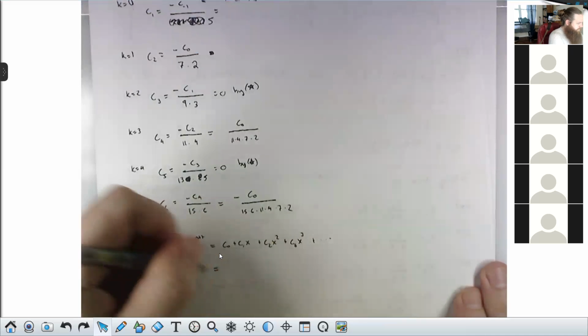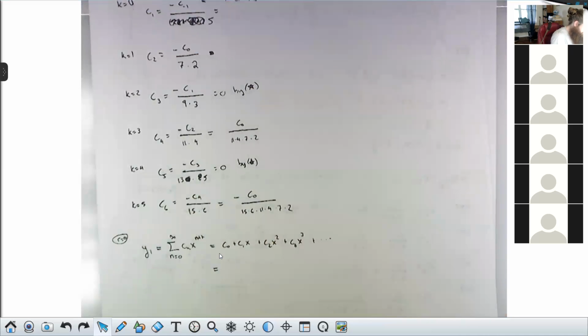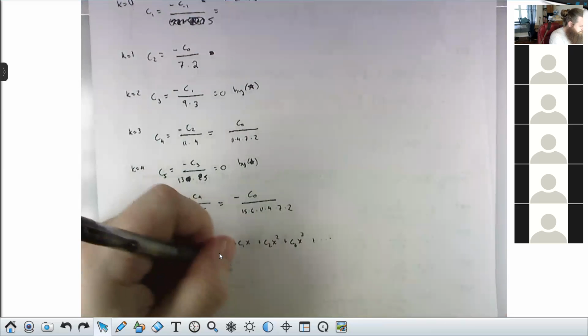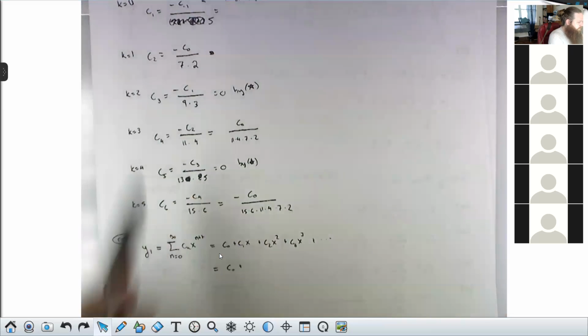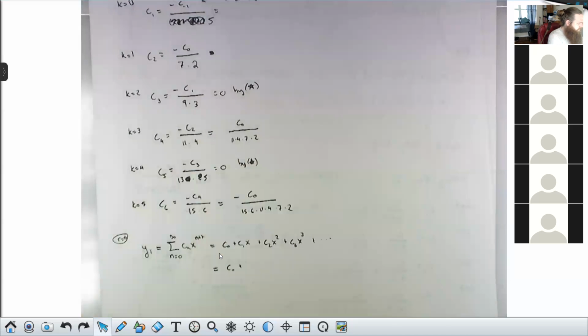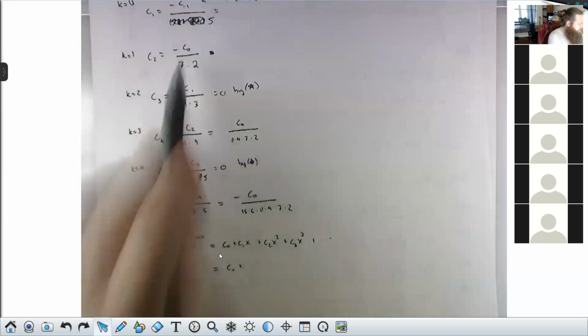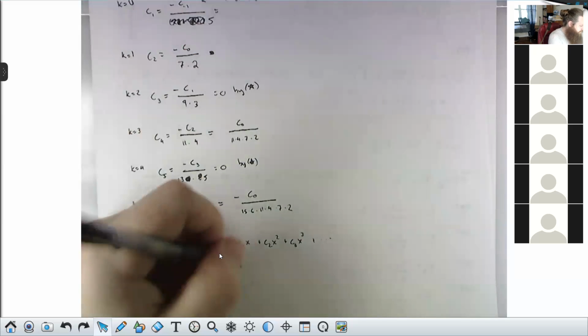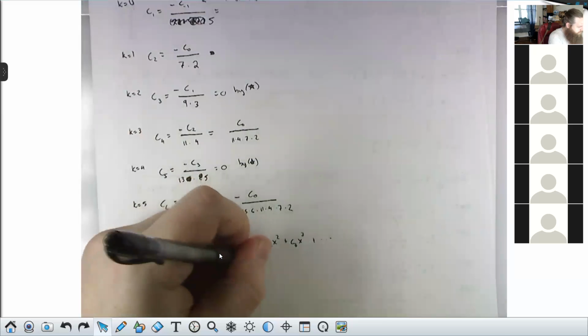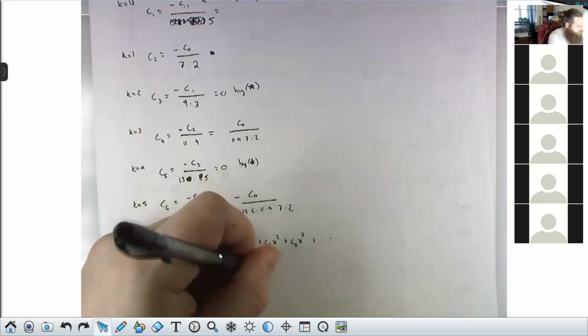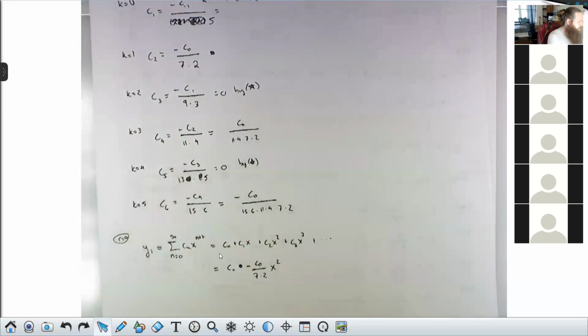That would be c0 plus c1 is 0, c2 is negative c0 over 7 times 2, so we will have minus c0 over 7 times 2 x squared.